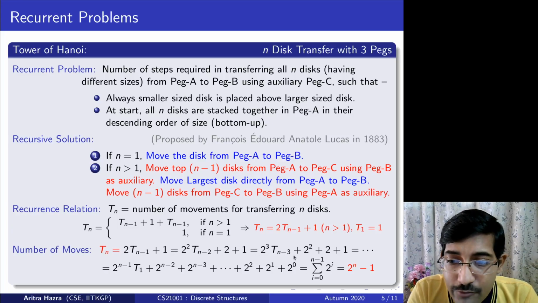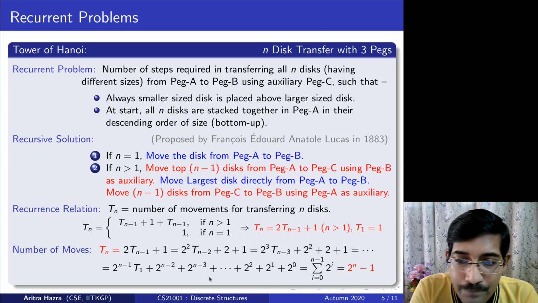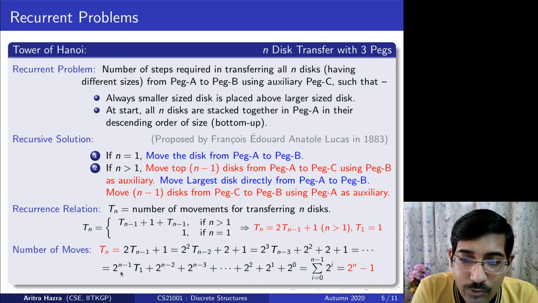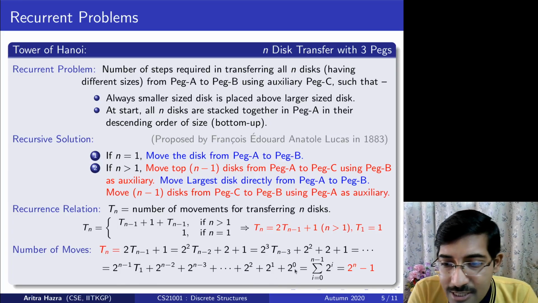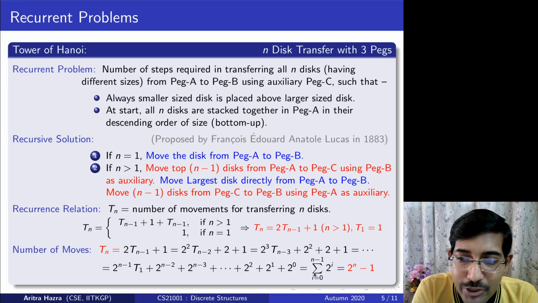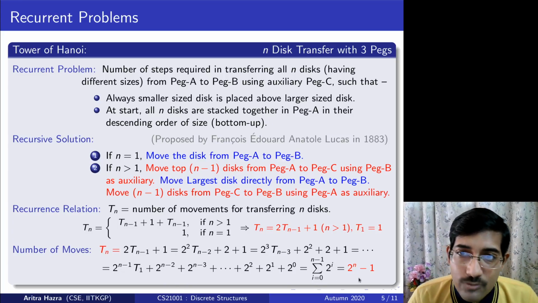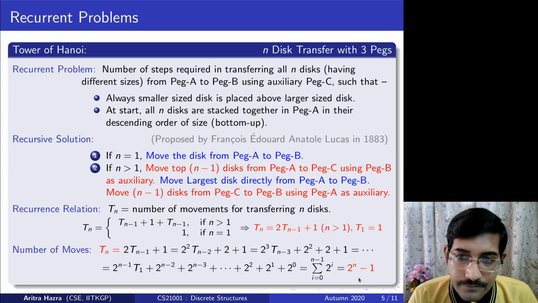If you expand, it will be 2 cube Tn minus 3 plus a GP series of 2. And finally, if you go till T1, it will be 2 to the power n minus 1 T1, and this is just a GP series up to 2 to the power n minus 2. T1 is 1, so it's a GP series till n minus 1, and if you solve it, you will get 2 to the power n minus 1 number of transfers required.